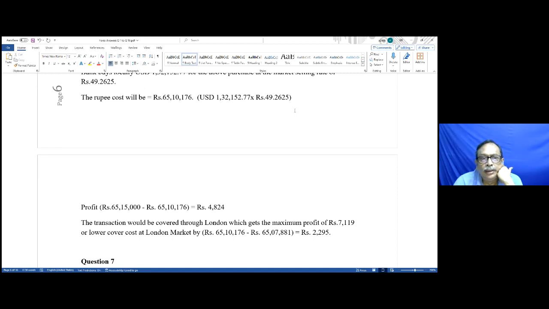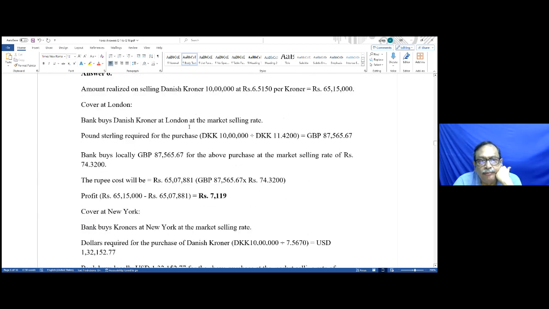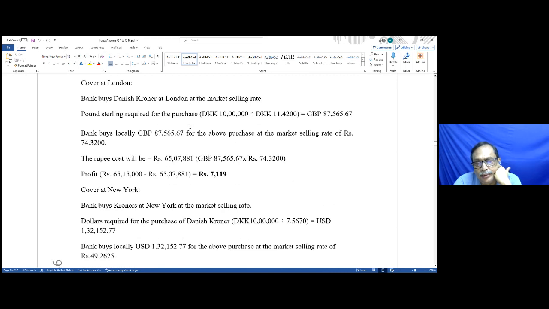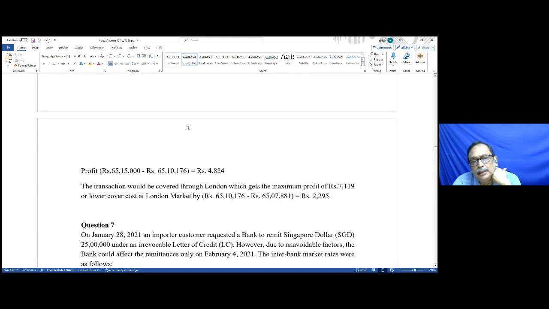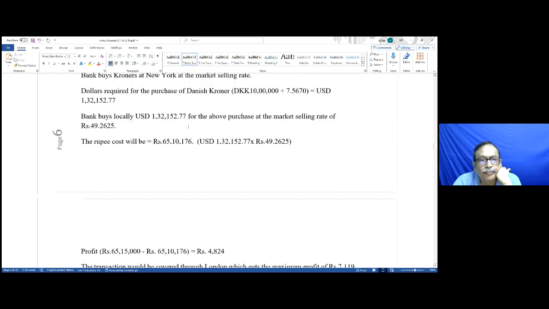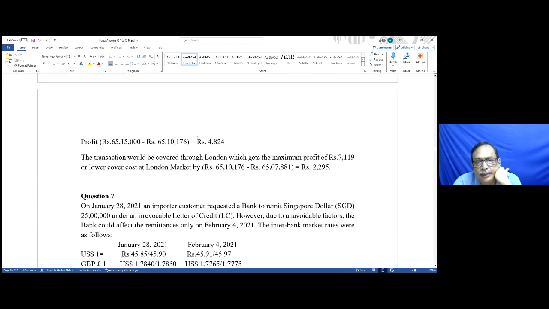Now, comparing the two situations, at London the profit resulted is rupees 7119, whereas at New York the profit resulted is rupees 4824.